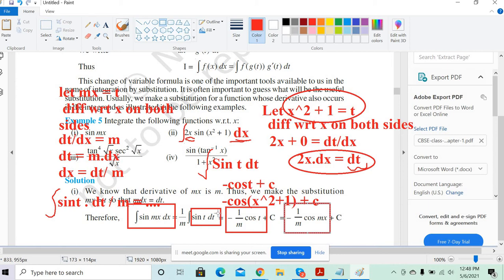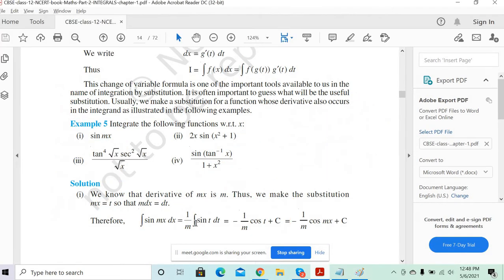Now do the third problem, Vijay. Okay, sir. The third problem is this one: tan power 4 root x, secant square root x, by root x. Is it okay? Yes, sir. So let's try to do that now. It'll be easy for you to understand.